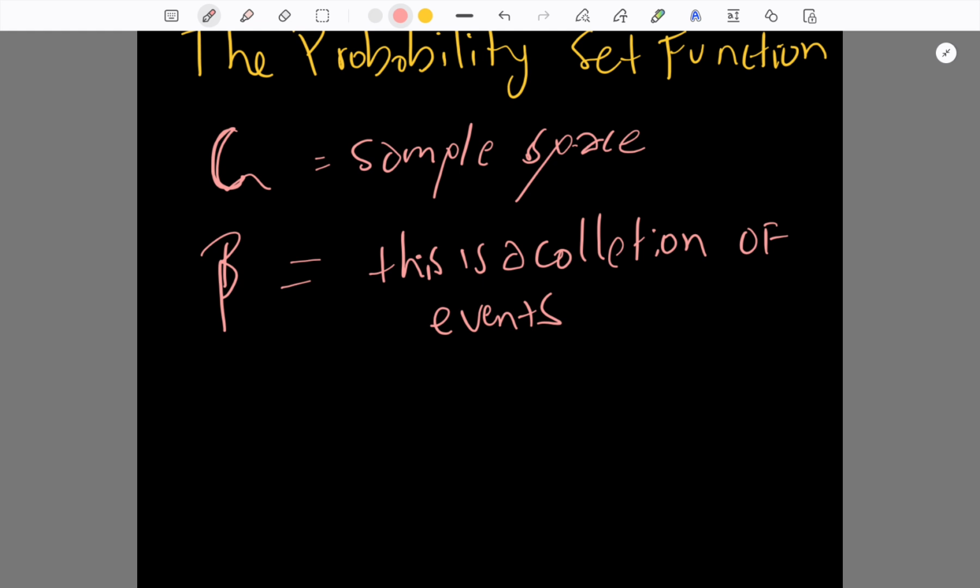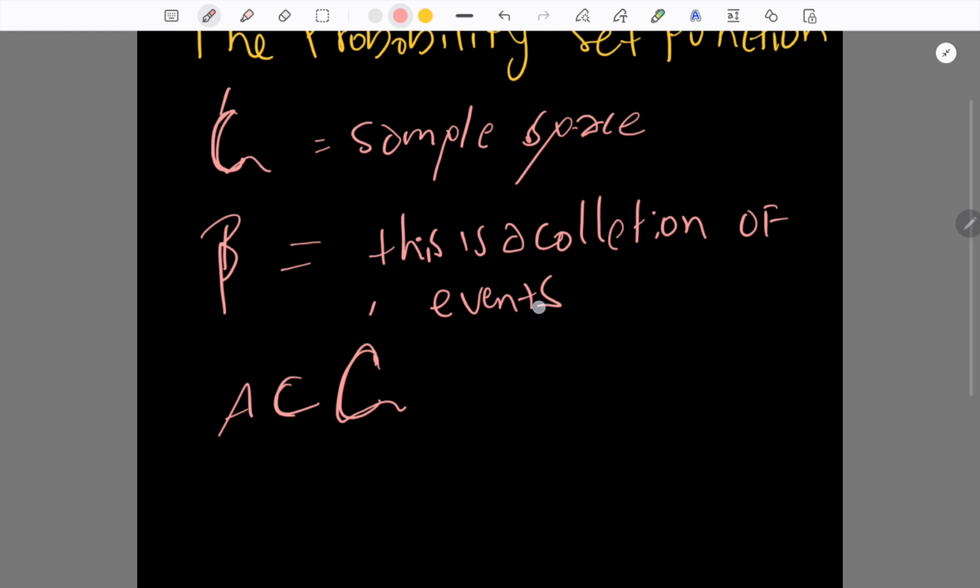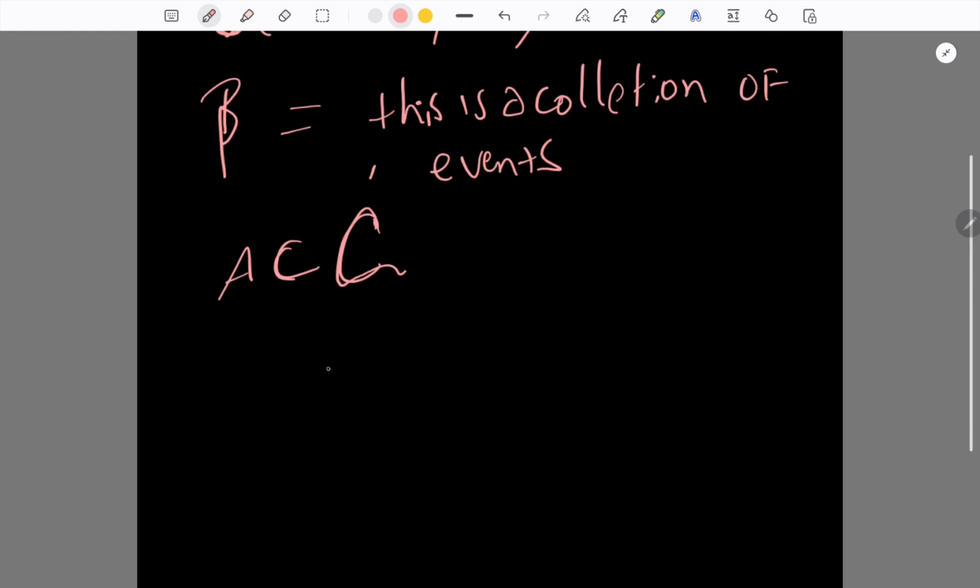If you think about the intuition of relative frequency, for example, suppose you have whatever event A in that collection, and you want to define that function.